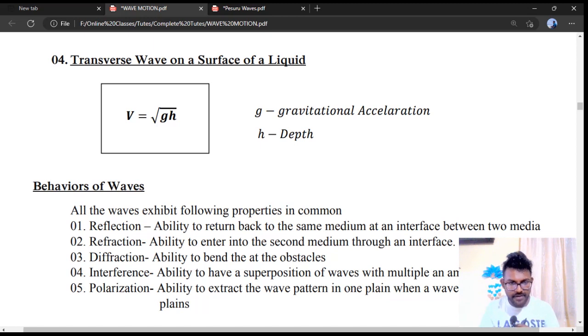Then the final one is polarization. That means we can extract the waves from one plane if they are vibrating in different planes. Let's say one wave is going like this while the other is going like this. They could be occurring in different directions, but we can extract the waves that are coming in one plane. That is called polarization.